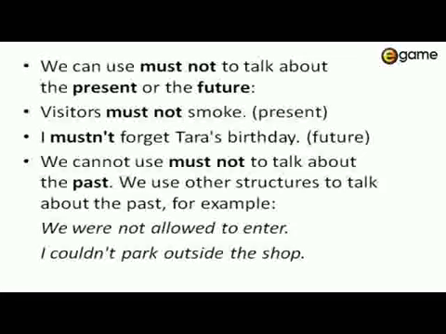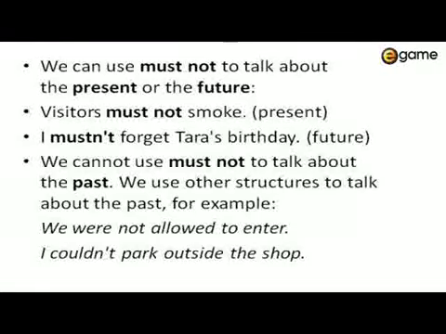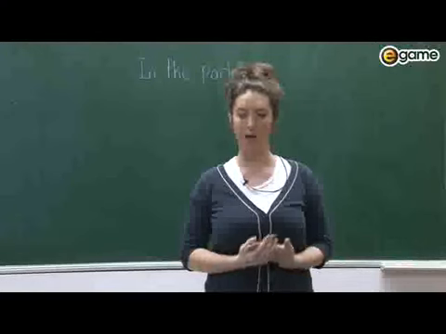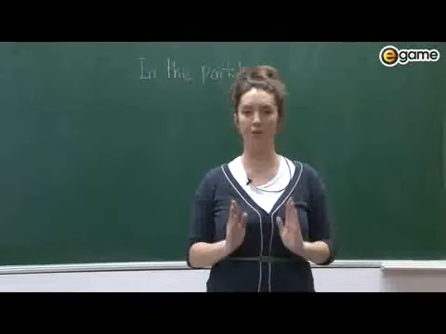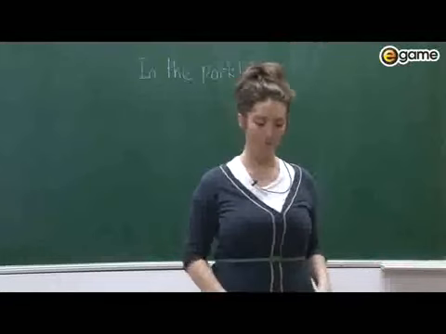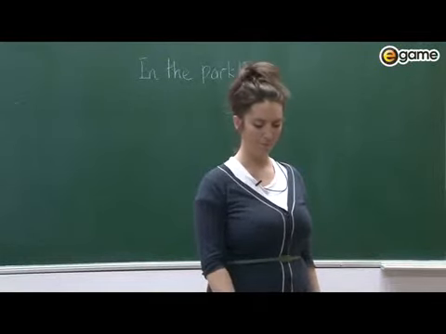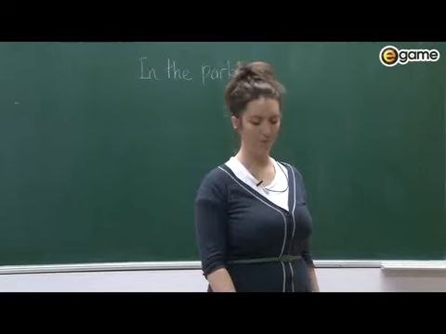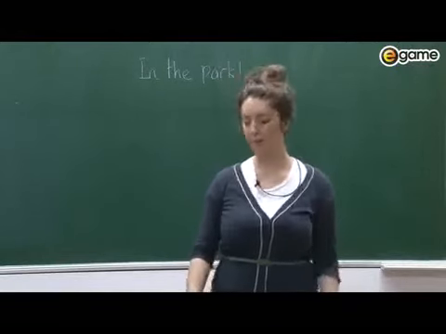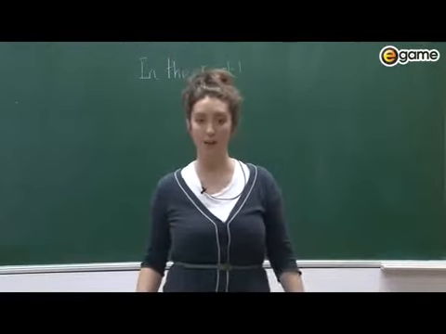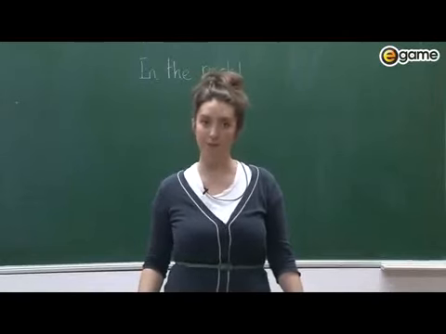For example, we were not allowed to enter. Or I couldn't park outside the shop. So must and must not only for the present and the future. Okay, so that's how to use must and mustn't.